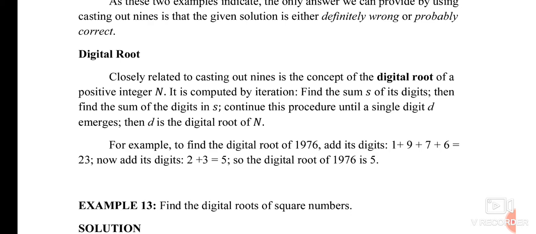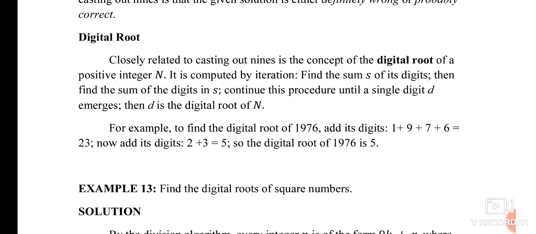Next, we come to the concept of digital root. It is computed by iteration. First, we find the sum S of its digits. Then we find the sum of the digits in S and continue this process until a single digit D emerges. The single digit D is called the digital root of n.